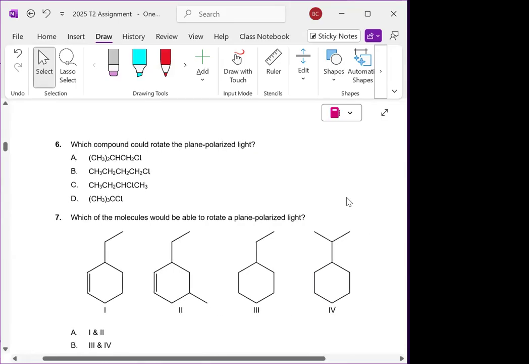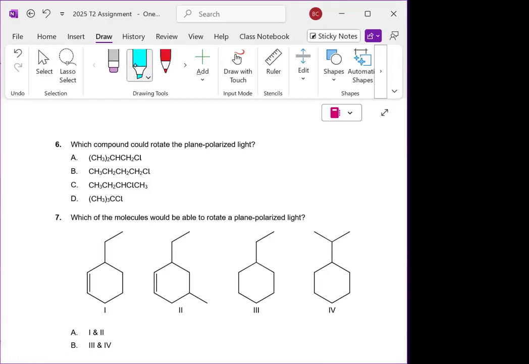Okay, question 6. Which one can rotate light? Again, look for carbon with 4 different substituents. Train your eyes to see it. So this carbon over here is actually bonded to 2 methyl groups, so no. Okay, the next one, every carbon, you can see there's H2, H2, H2.